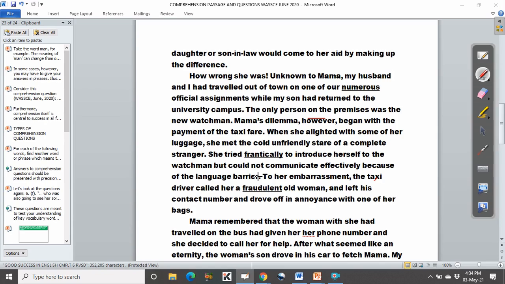This is why this type of question is called vocabulary questions, because it is testing your knowledge of vocabulary, how large and active your vocabulary of the English language is. That is exactly the way it is.